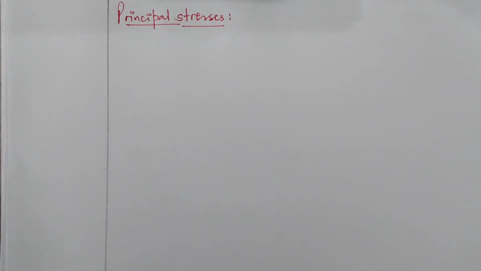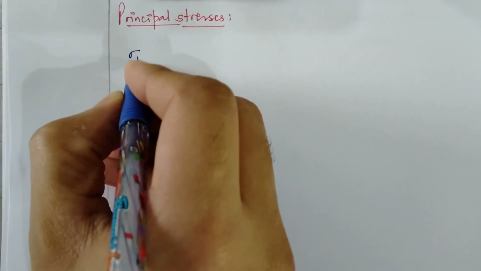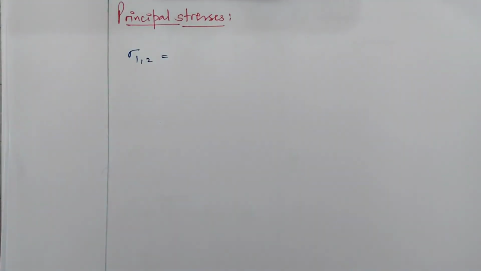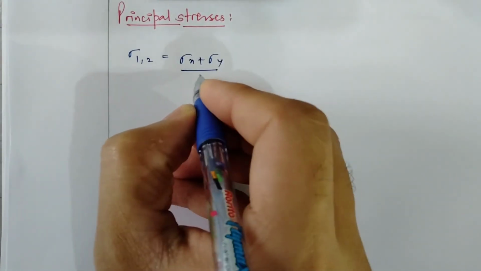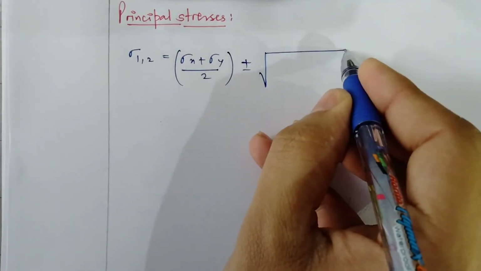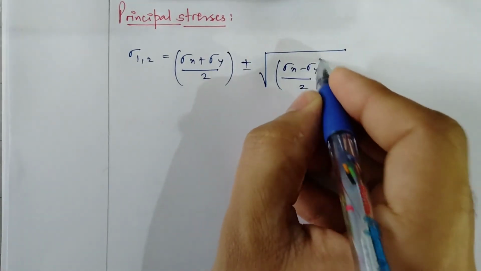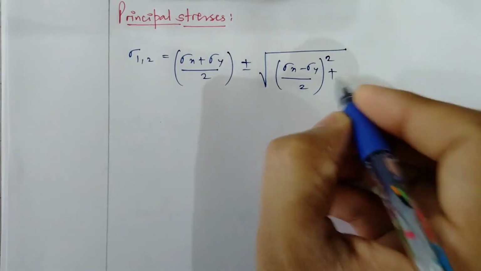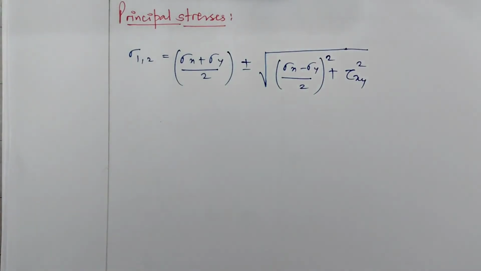The formula we use for principal stresses is written as sigma 1 comma 2 is equal to sigma x plus sigma y divided by 2 plus or minus square root of sigma x minus sigma y divided by 2 the whole square plus tau xy the whole square. Right, so this formula gives me the value of principal stresses.